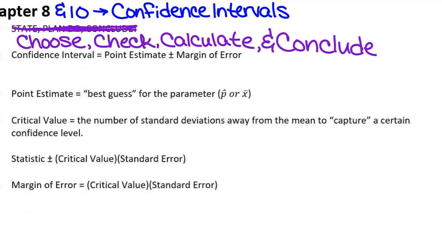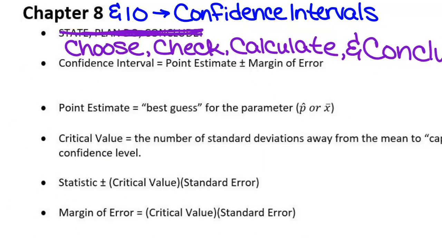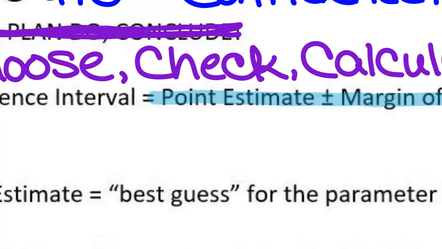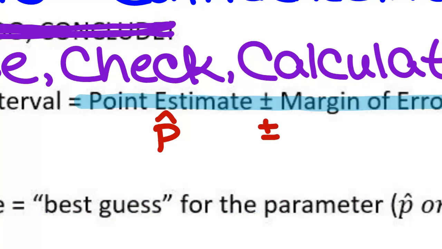Desk 6, please. All right. A confidence interval is the point estimate plus or minus the margin of error. So when we did confidence intervals, we did both proportions and means. For proportions, the point estimate was p hat. And then we had plus or minus.